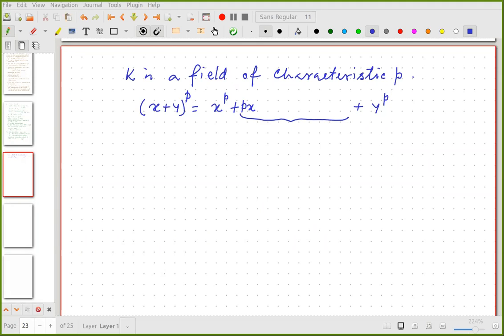Here, what you mean is it should generate the cyclic group, which is a stronger condition than saying that it just generates the field. Yes, thanks. Go on.